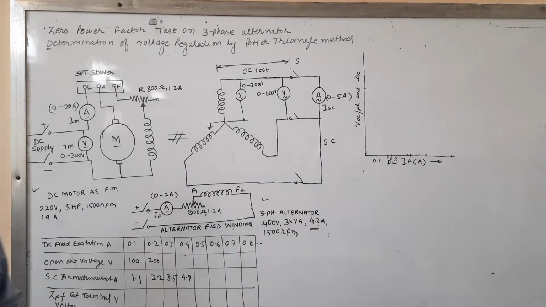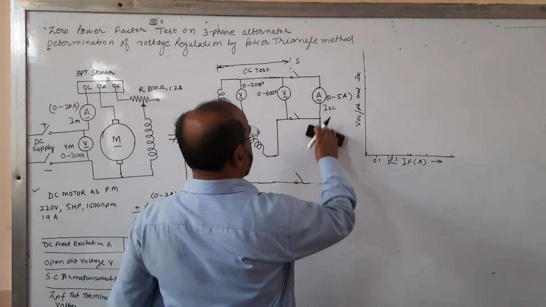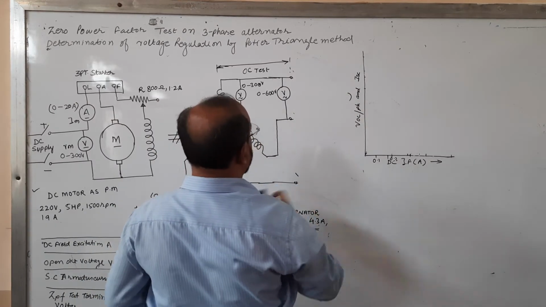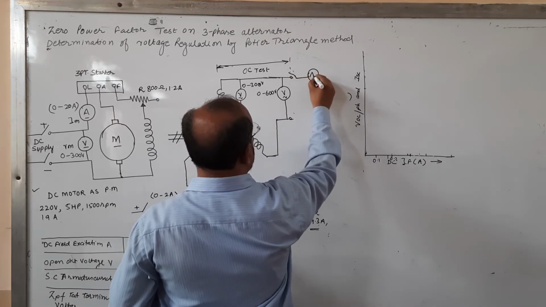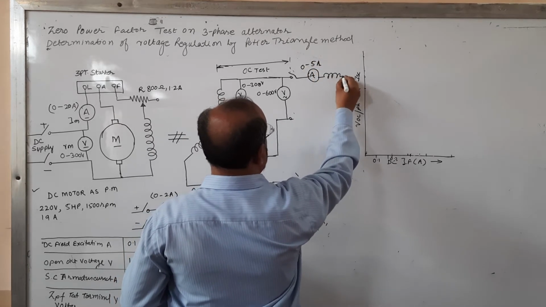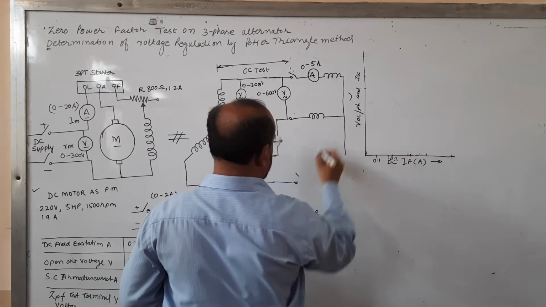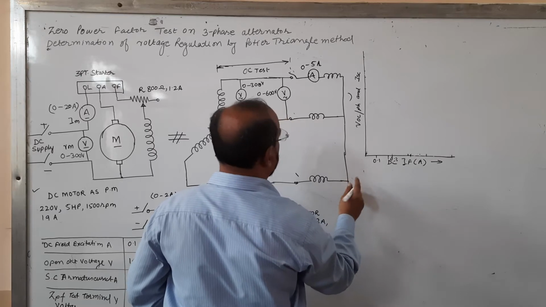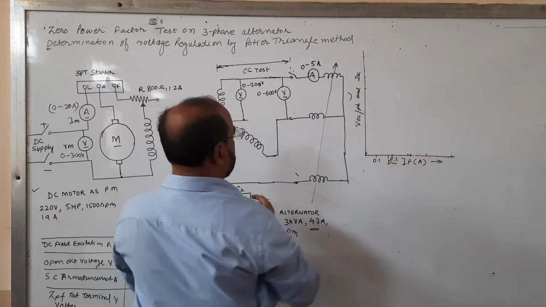Next, remove this link and connect an inductive load to the synchronous alternator. So here we will connect the inductive load through an ammeter, again 0 to 5 ampere, and there is a star connected inductive load. It should be variable.